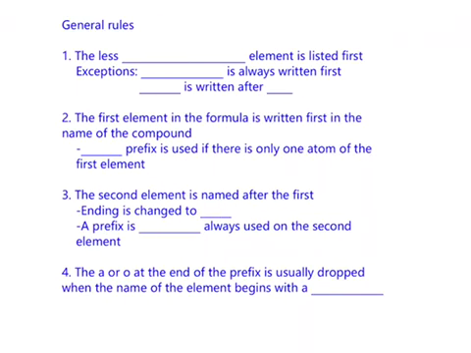So general rules, when you are naming these compounds, you are going to write the less electronegative element first. The exceptions would be that carbon is always written first, and that hydrogen is always written after nitrogen. So just a couple exceptions there.